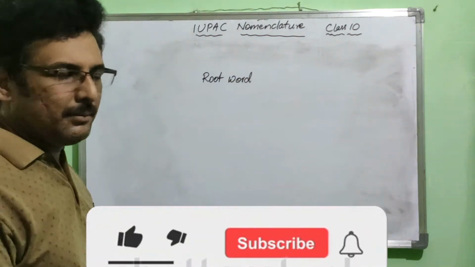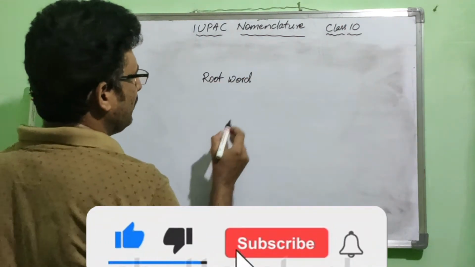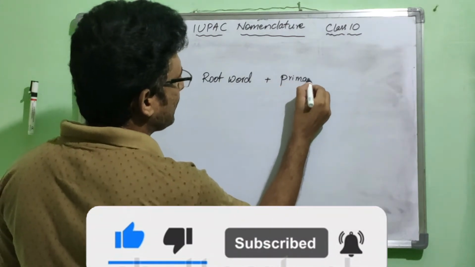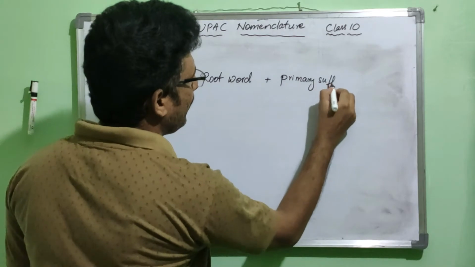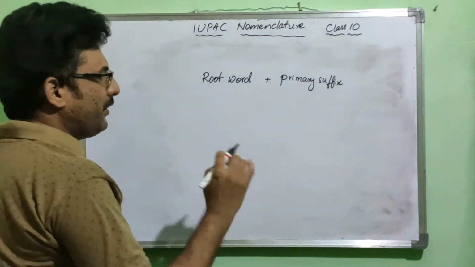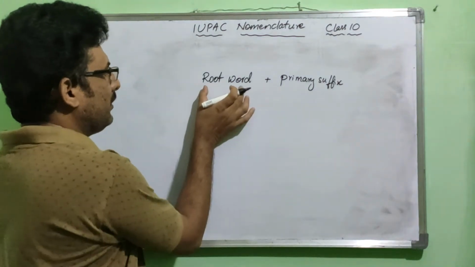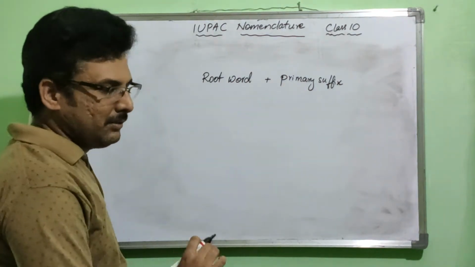Every organic compound will have this root word, plus it will have a primary suffix. So every organic compound will have these two: the root word and primary suffix.